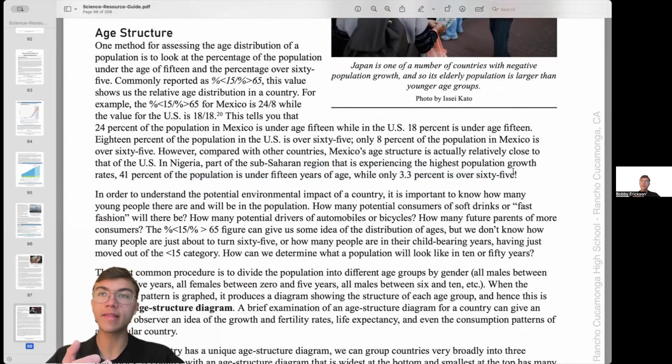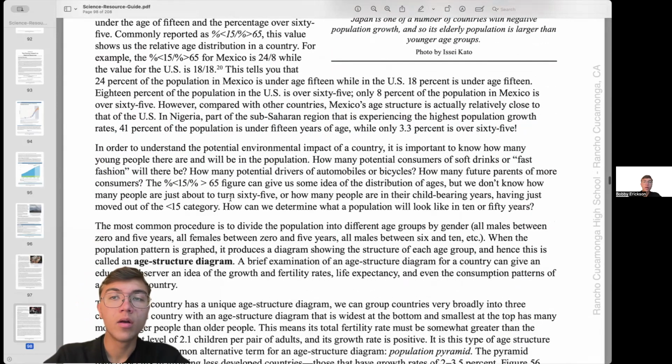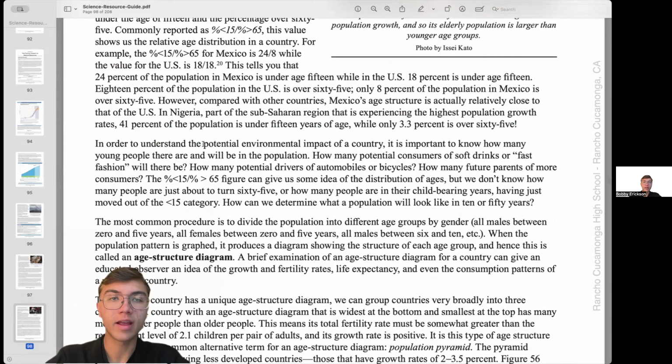So this is definitely a very young population, and this is reflected in higher growth rates. We can understand the potential environmental impact of a country by knowing how many young people there are and will be in a population.